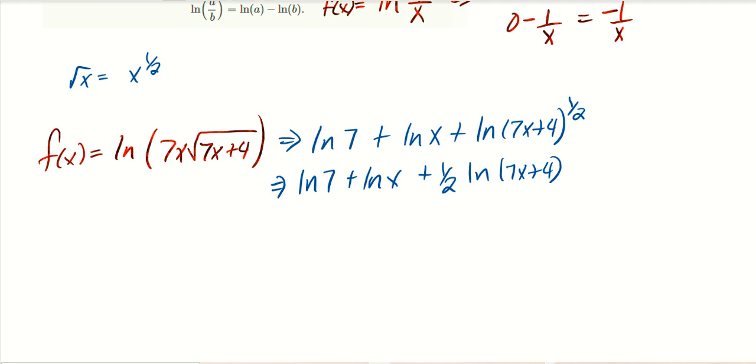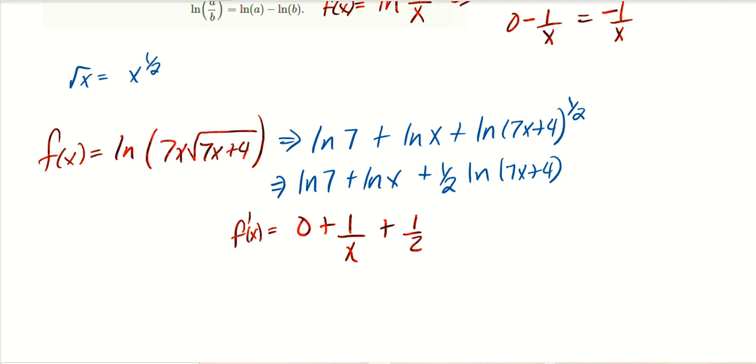Now, if I am looking at this, I am ready to take my derivative so that I can look at each part individually. So the derivative of natural log of 7 would just be 0, because remember the derivative of a constant is 0, plus the natural log of x, which would just be 1 over x, plus we can look at this as 1/2, right?